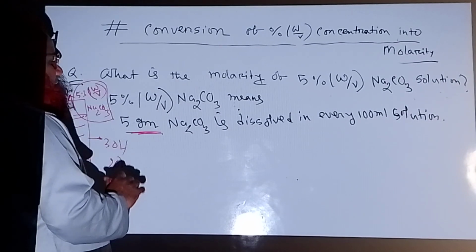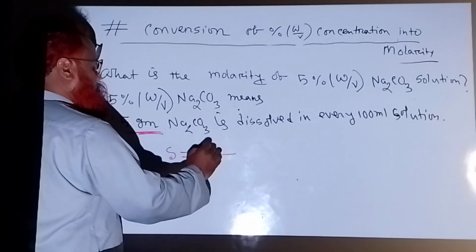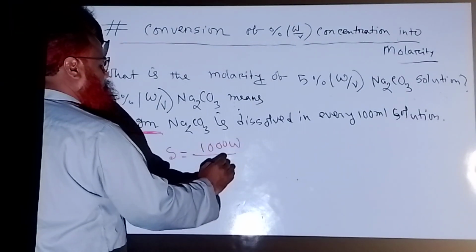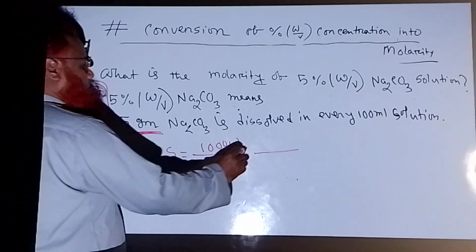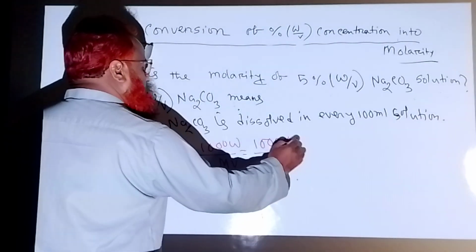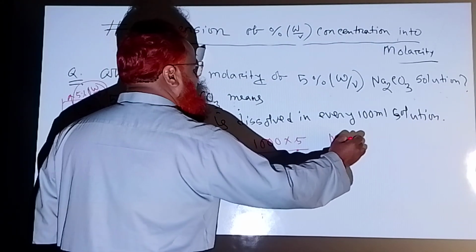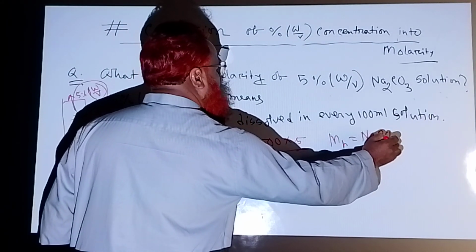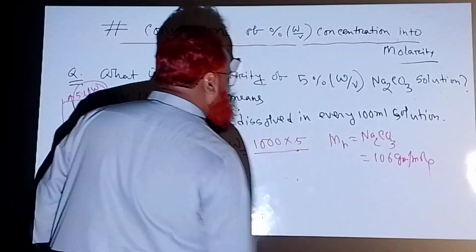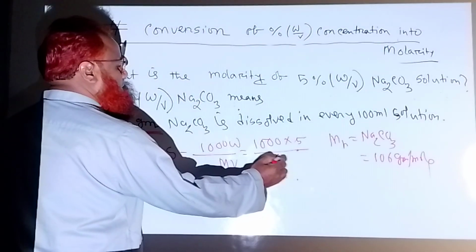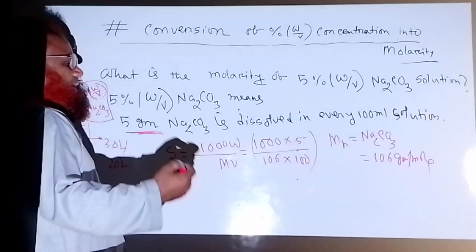Now, we know that the molarity formula is S equal to 1000 W by mV. So, here W is what? 5 gram. The molecular weight of your sodium carbonate, you know that it is 106 gram per mole. So, we can put here 106 and here volume is 100. Why 100? Because in every 100.